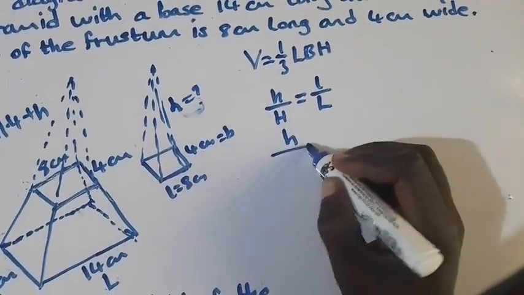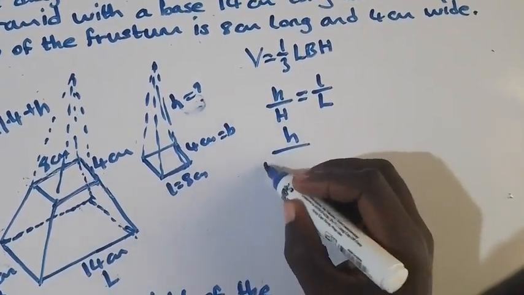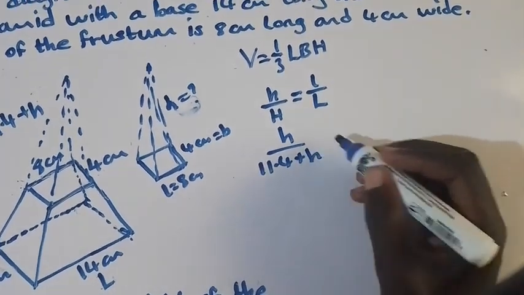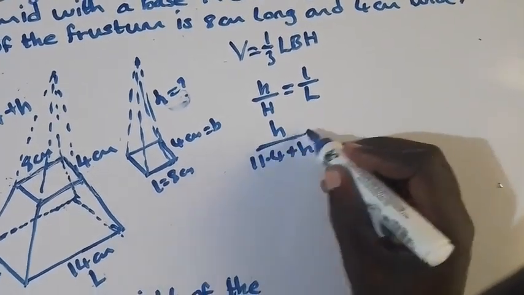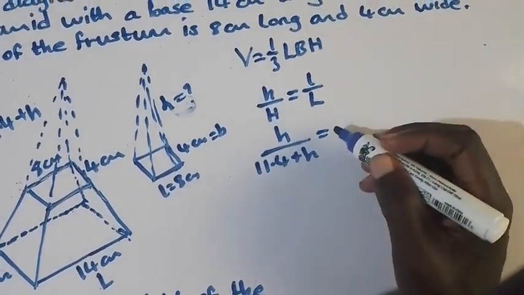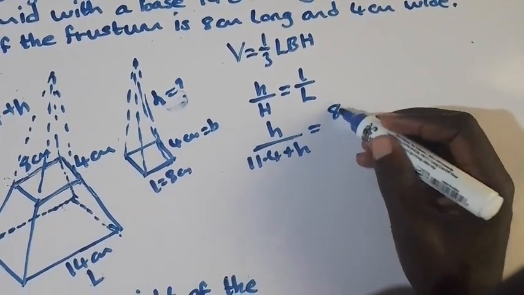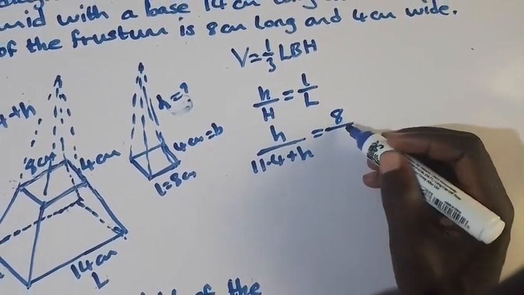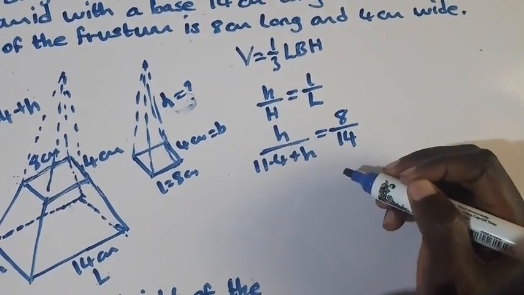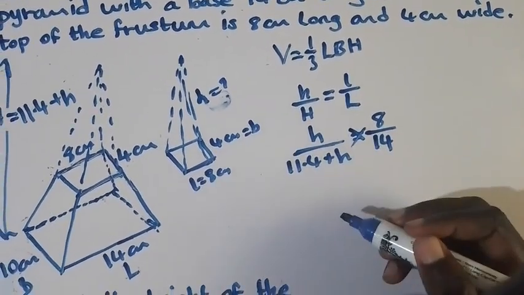We are looking for small letter h, so this one will be our subject. What is capital letter H? It is 11.4 plus small letter h, which is equal to small letter l, it's 8, over capital letter L, which is 14. So at this stage, we need to cross multiply.